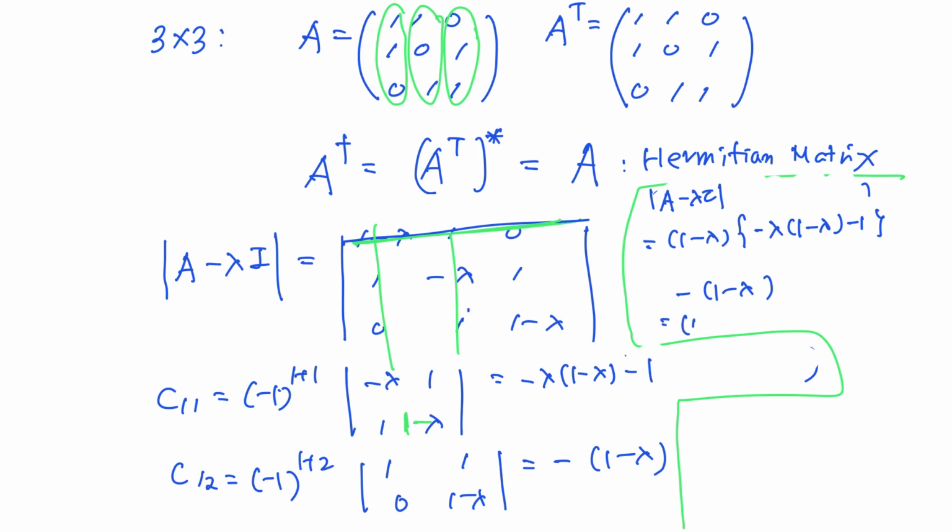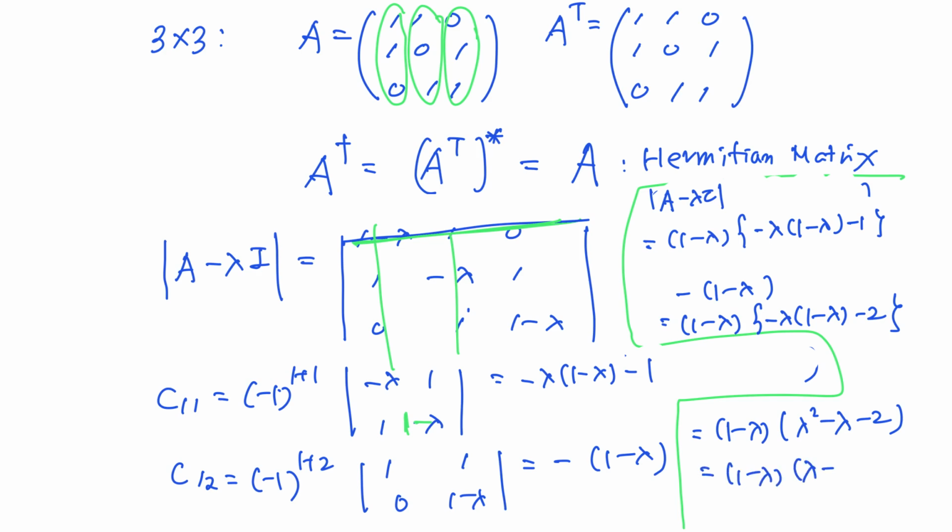So this is 1 minus lambda, 1 minus lambda, minus 2, right? So it becomes 1 minus lambda square minus lambda minus 2. So 1 minus lambda plus 1, lambda minus 2. So it becomes lambda equal to 2, 1, minus 1. So it's not a positive matrix.